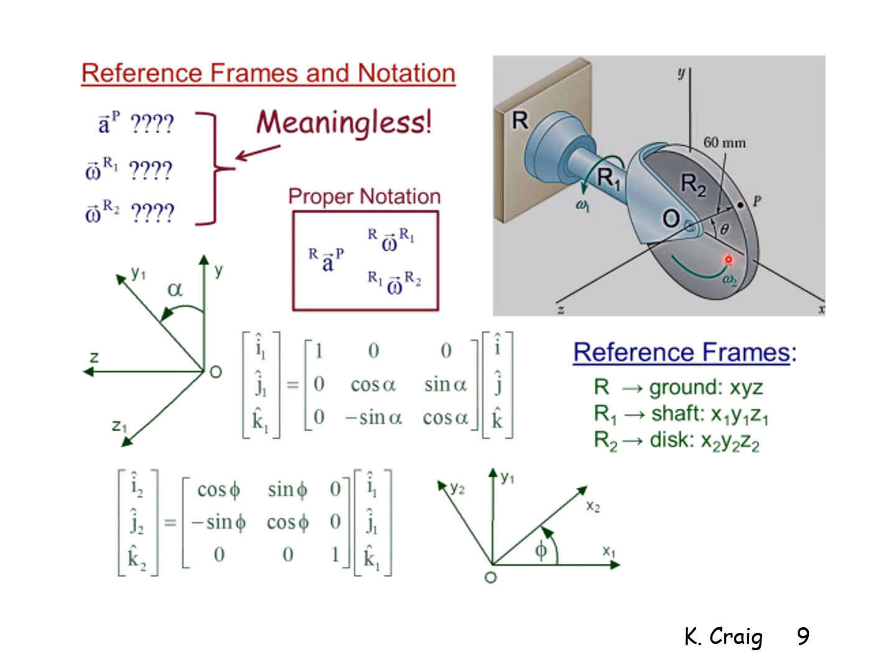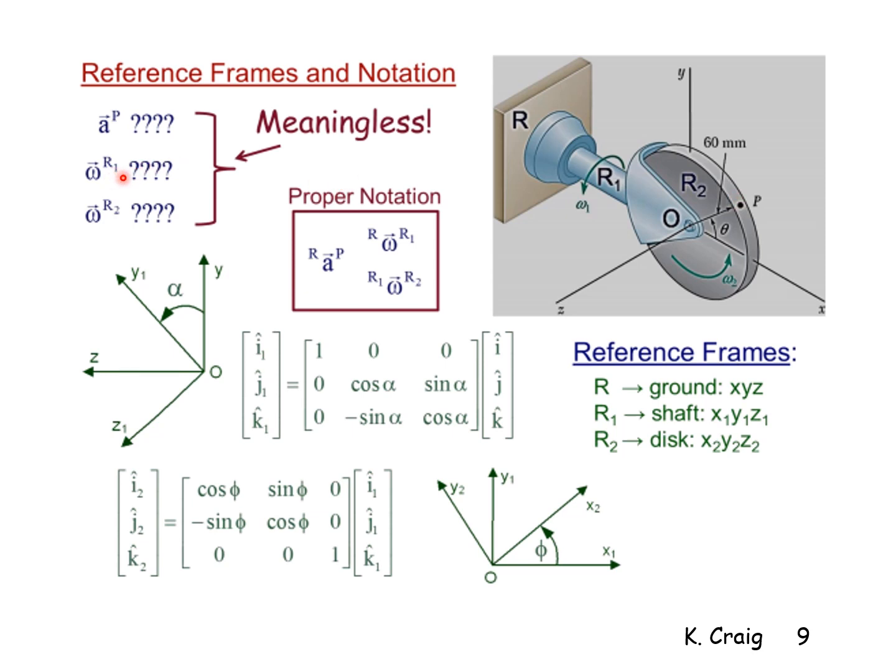If I'm riding on the disk, point P doesn't move. If I'm on the shaft looking at point P, it has a certain acceleration. If I'm on the ground looking at point P, it has a different acceleration. So where you're observing the point, where you're observing the body from, has to be specified.